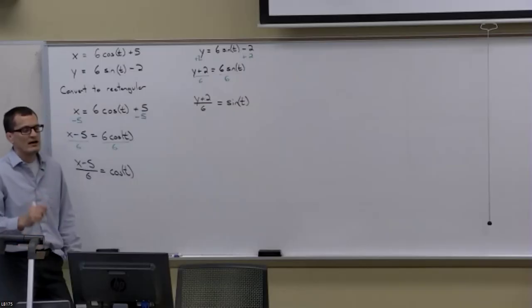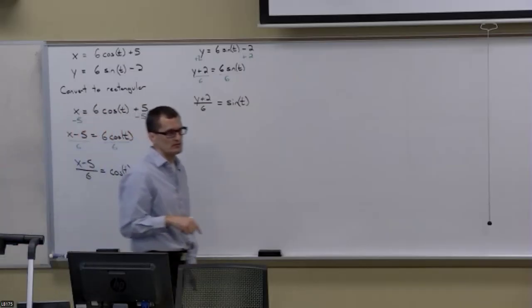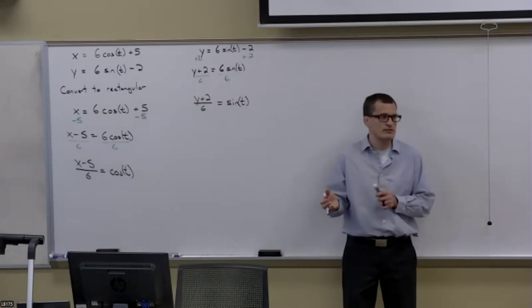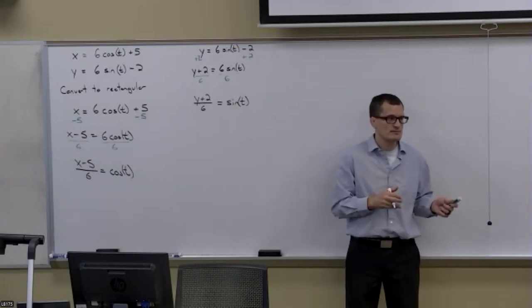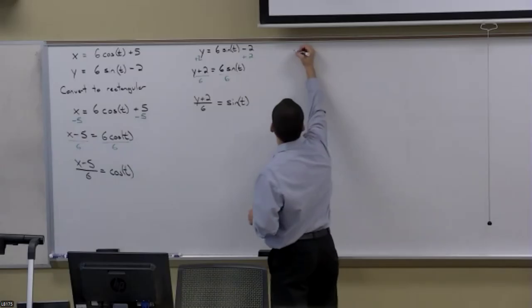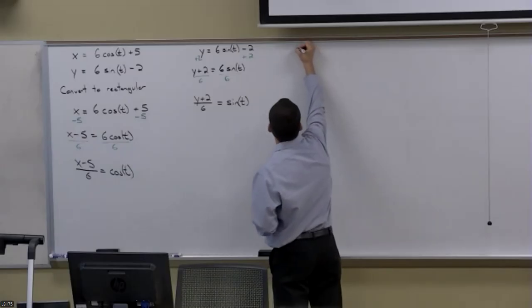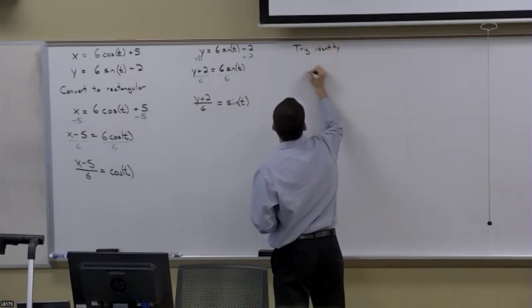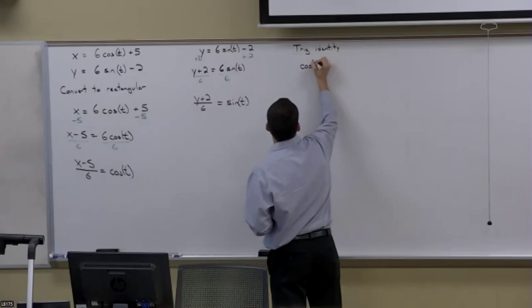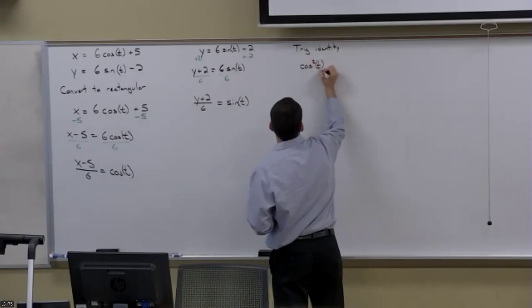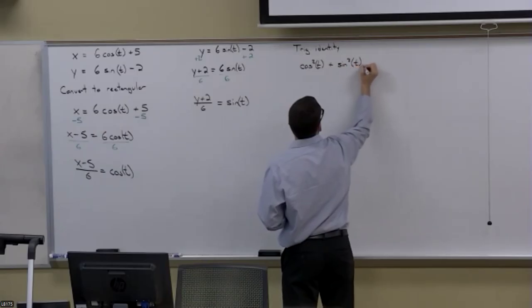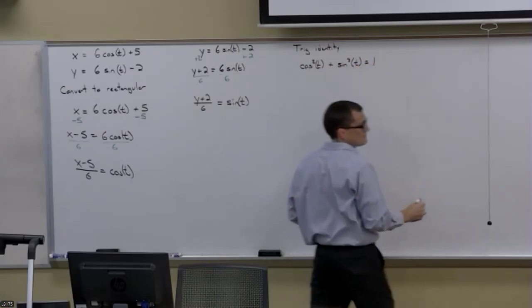Okay. Now here's where the indirect substitution comes from. I've gotten down to cosine of t in one equation, sine of t in the other. Then I remember that my trig identity says that if I take cosine squared of t plus sine squared of t, I get 1.